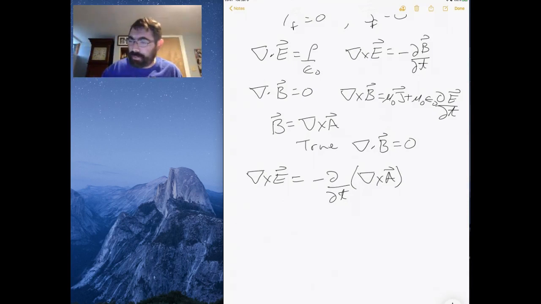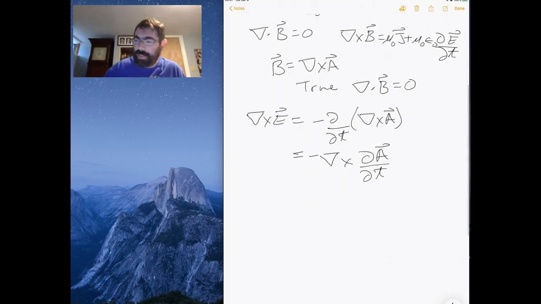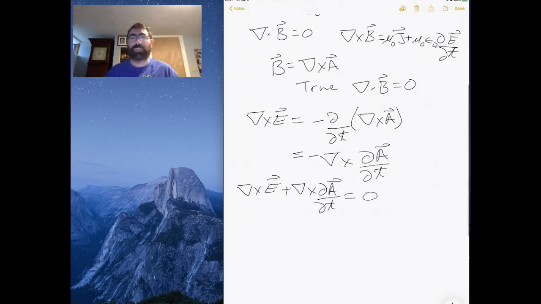So if we switch it around, what we would have is minus the curl of the time derivative of the vector potential. Now if I add that to both sides, I would get the curl of E plus the curl of my time derivative of the vector potential, and I'd set that equal to 0.